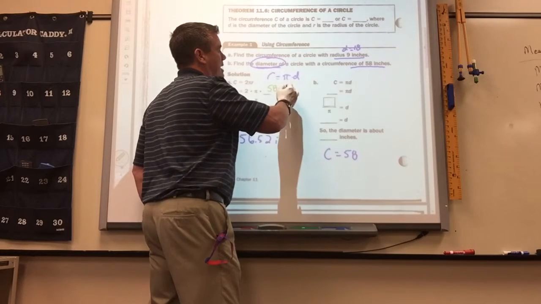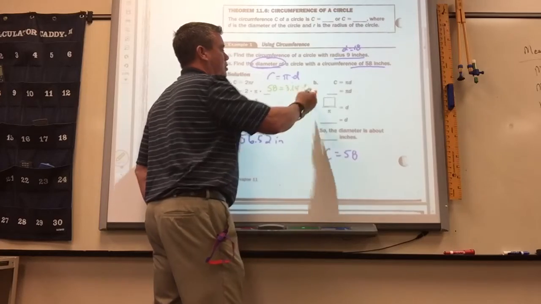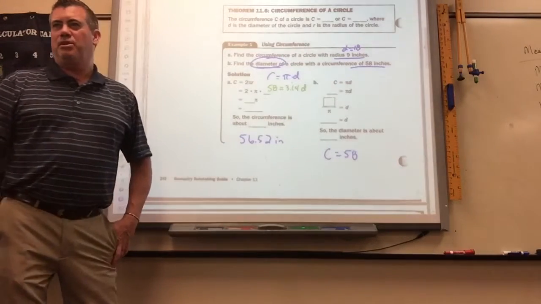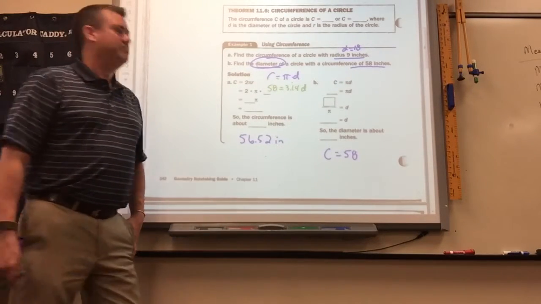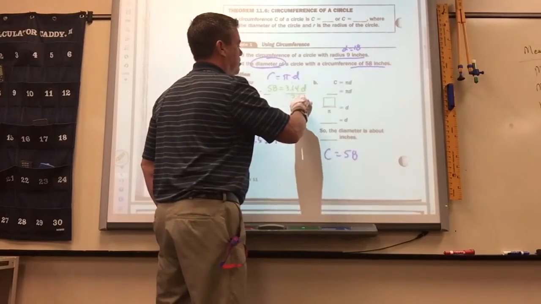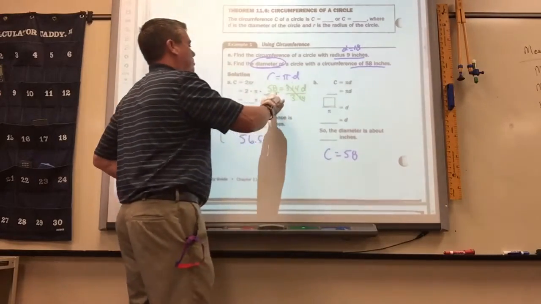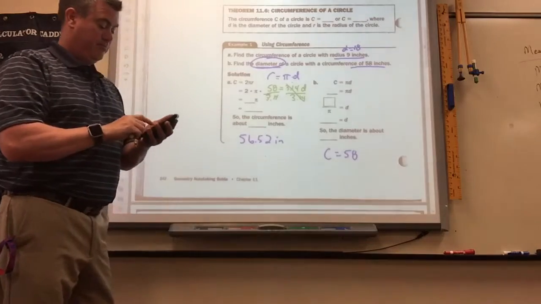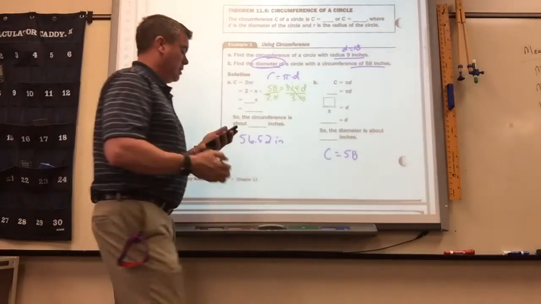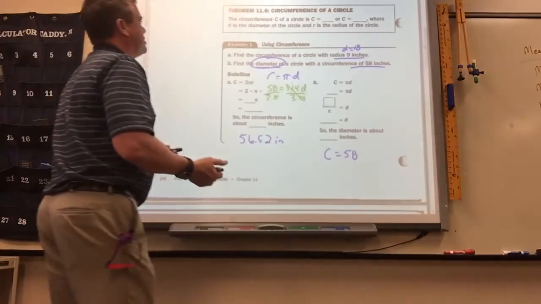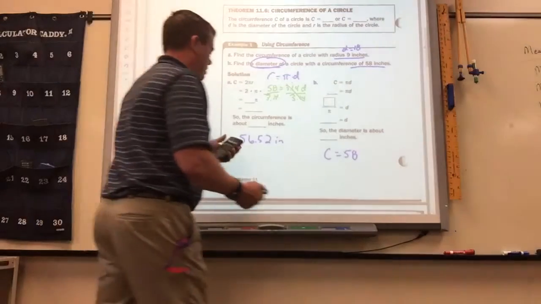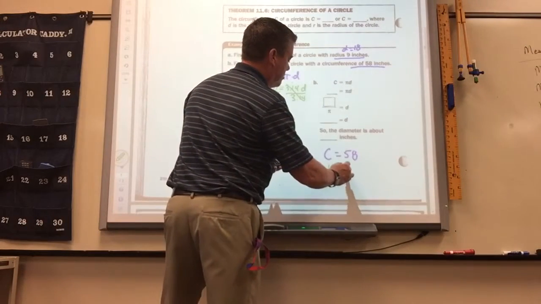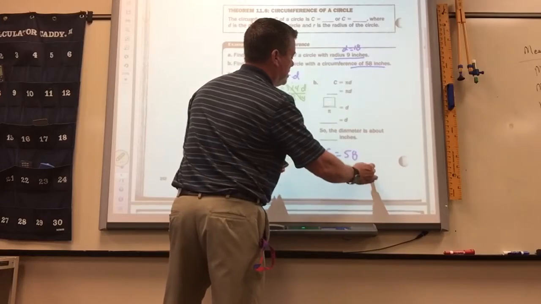I know what pi is, it's 3.14, but I don't know D. So what do you do? Divide by pi, 3.14. And usually we round these to the nearest tenth, doesn't tell us here, but 18.5 inches would be the diameter.